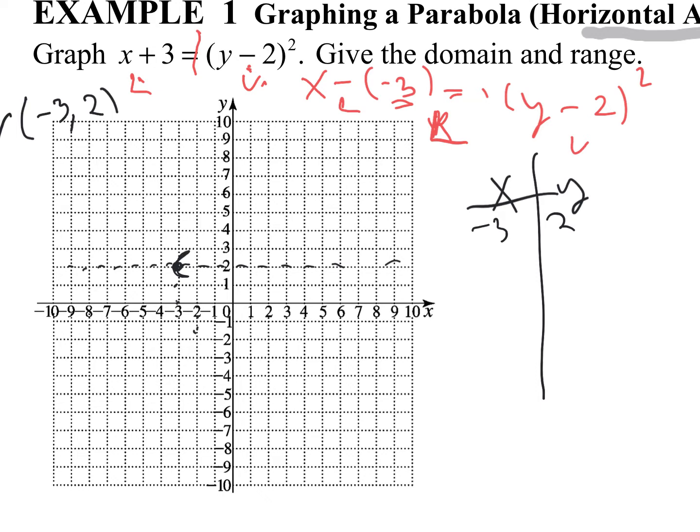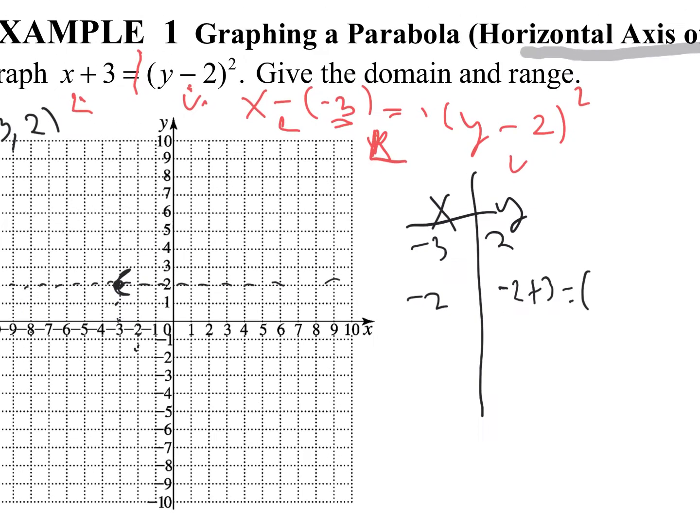So if I put x is a negative 2, and I plug that in, it was x plus 3, so I'll go negative 2 plus 3 equals, in parentheses, the y minus 2 squared.